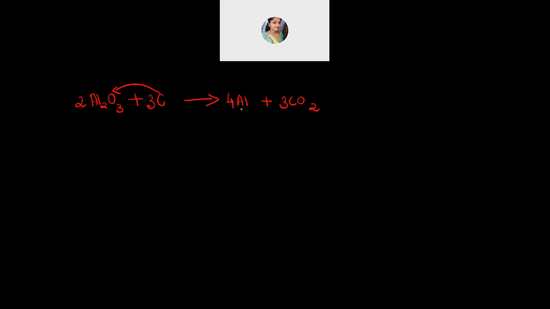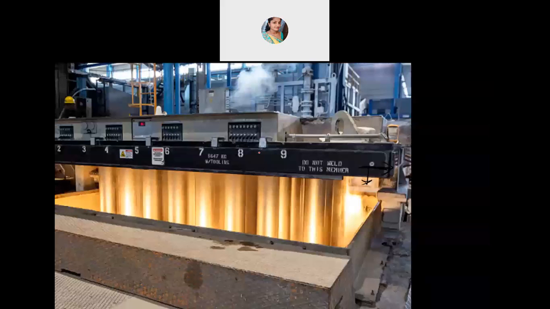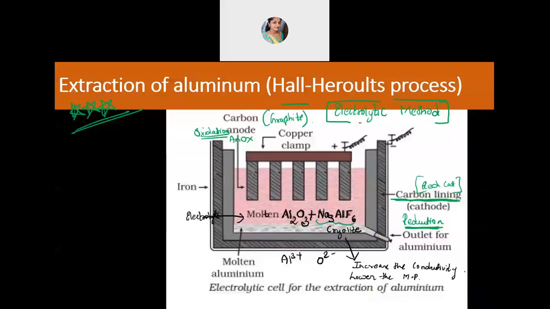Let me explain what is happening at cathode and anode. See, this is how the setup is, I told you. Now, when you are having alumina here, a lot of Al3+ will be there in the ion form. So Al3+ and O2- will be present. And anode is the place where oxidation takes place. Cathode is the place where reduction takes place. So where should this Al3+ start moving? Al3+ is a cation, correct?